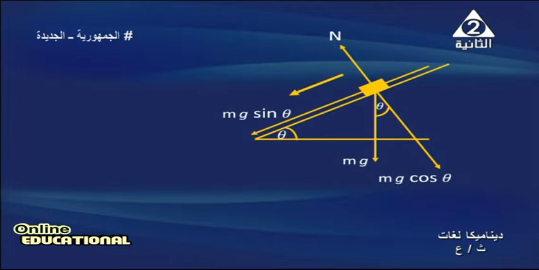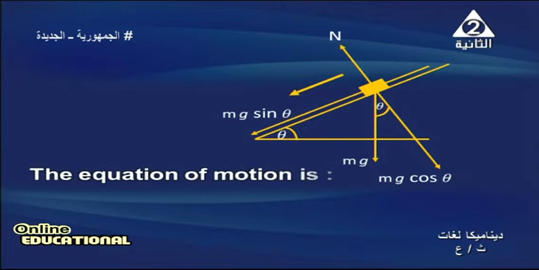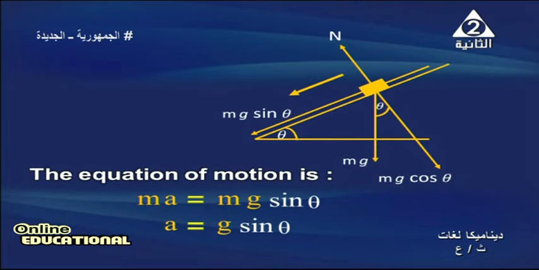The body moves downward the plane because it moves under the action of its weight only. In this case, ma equals mg sine theta, the force acting on the body. We can cancel the mass from both sides. Then the acceleration a equals g sine theta.